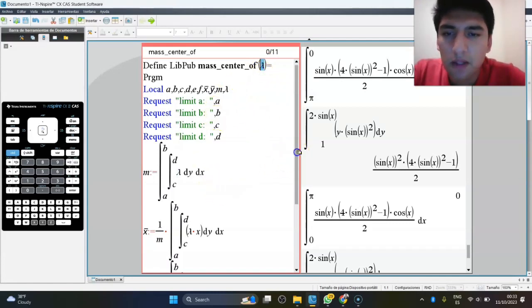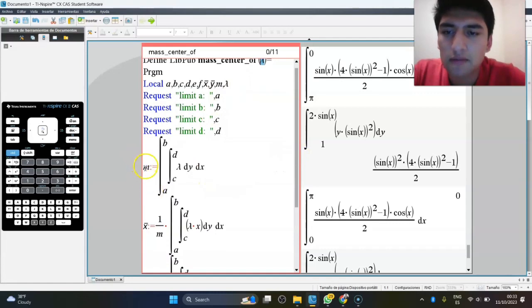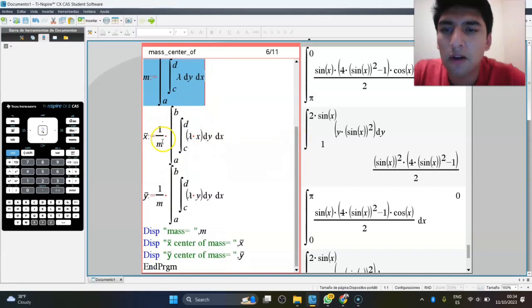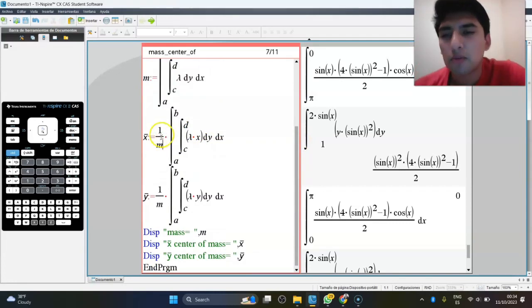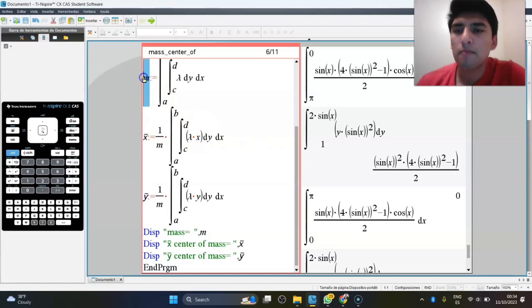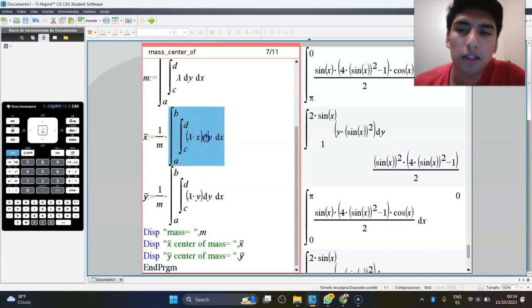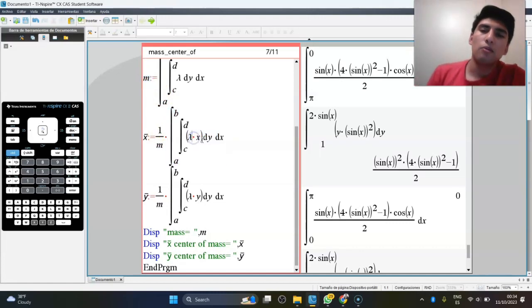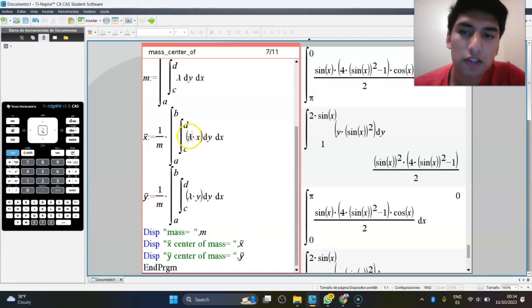The mass formula is just that. But when we're integrating for the center of mass, we multiply by 1 over m, which we already know, and then the double integral.